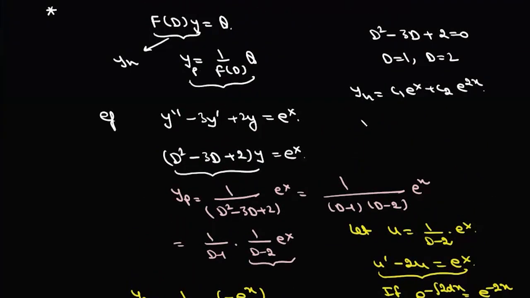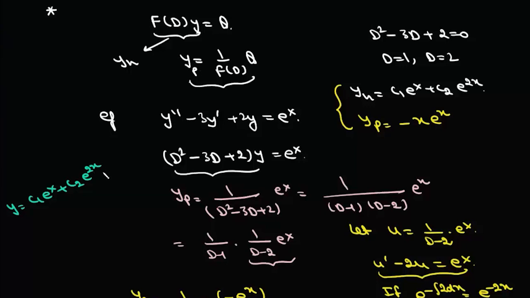So now we have yp as minus x into e to the power x, and once we have yh and yp, we can write its general solution as y equals yh plus yp, so it will be c1 e to the power x plus c2 e to the power 2x minus x into e to the power x.